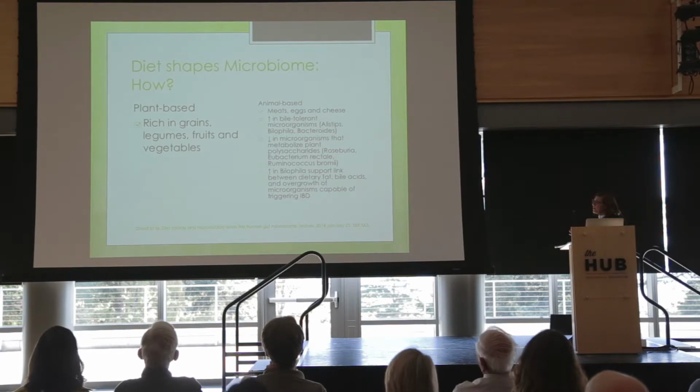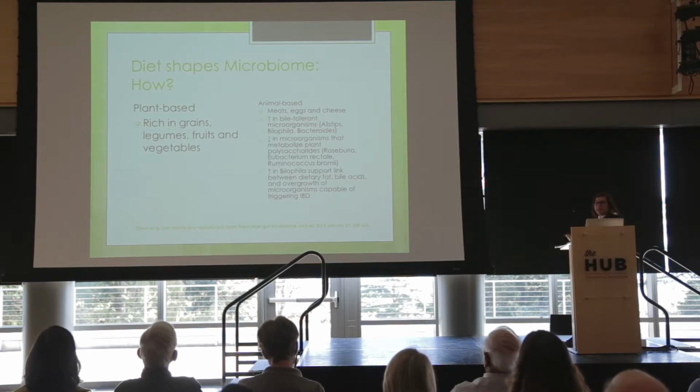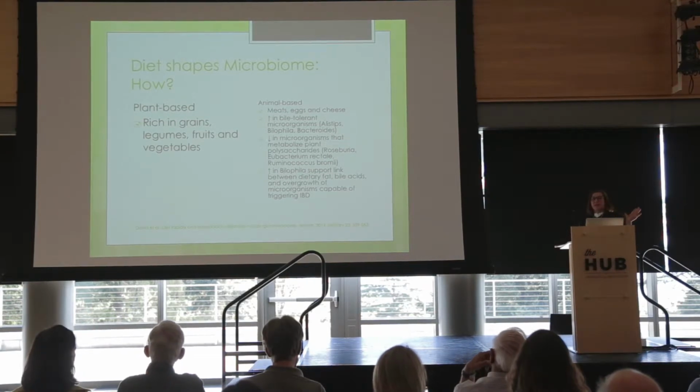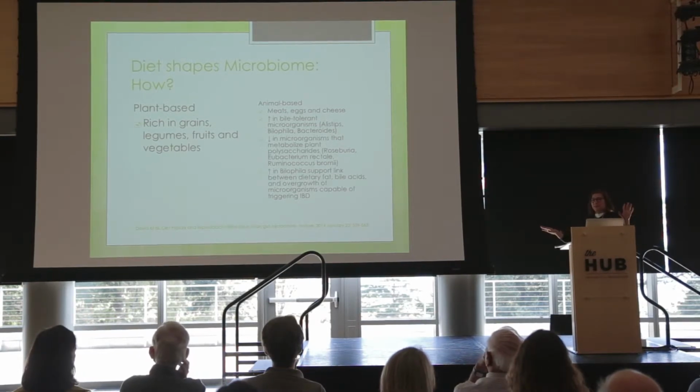The way they studied this was they did a bacterial analysis of fecal samples collected before, during, and after the experiment to see the effect. And what they found was the effect was actually quite immediate. I'm not saying that plant-based is good and animal-based is bad or vice versa.